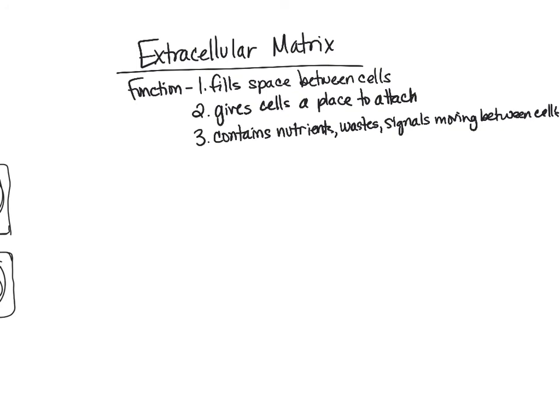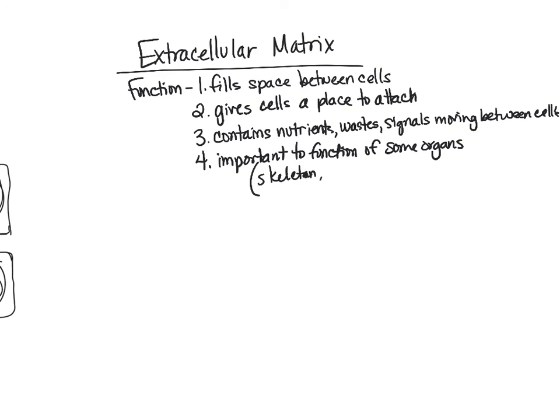Our fourth function is that it is important to the function of some organs. For example, the skeletal system, because what makes up the majority of what we think of as bone, that makes it very hard and strong for our body, is this extracellular matrix, the crystalline structure, the calcium and the phosphorus that's deposited.